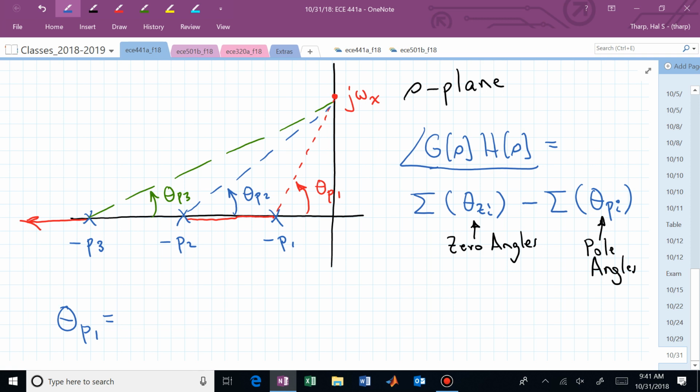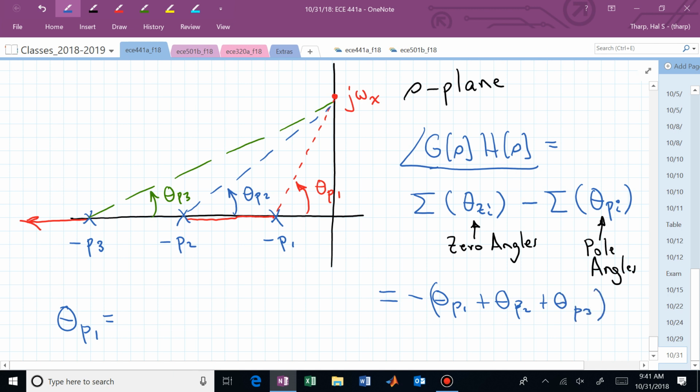Or maybe I should finish this up. What is this going to be? Do I have any zero angles? No, but I do have a theta P1, I have a theta P2, and I have a theta P sub 3.